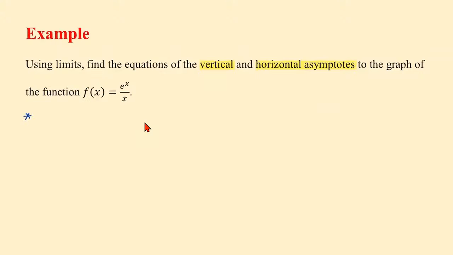Let's try the vertical asymptote. Here our function is e to the x over x. Now let's see what happens when x approaches 0. Limit as x approaches 0 of e to the x over x.